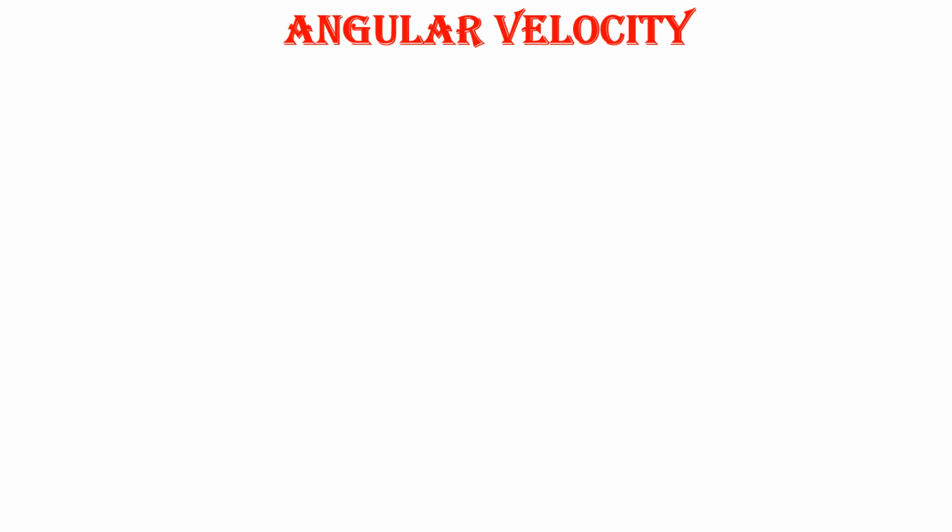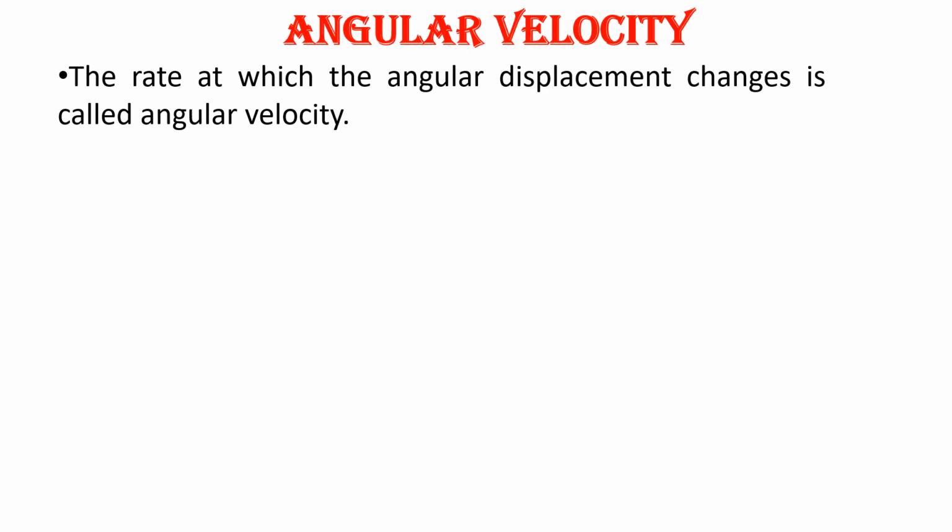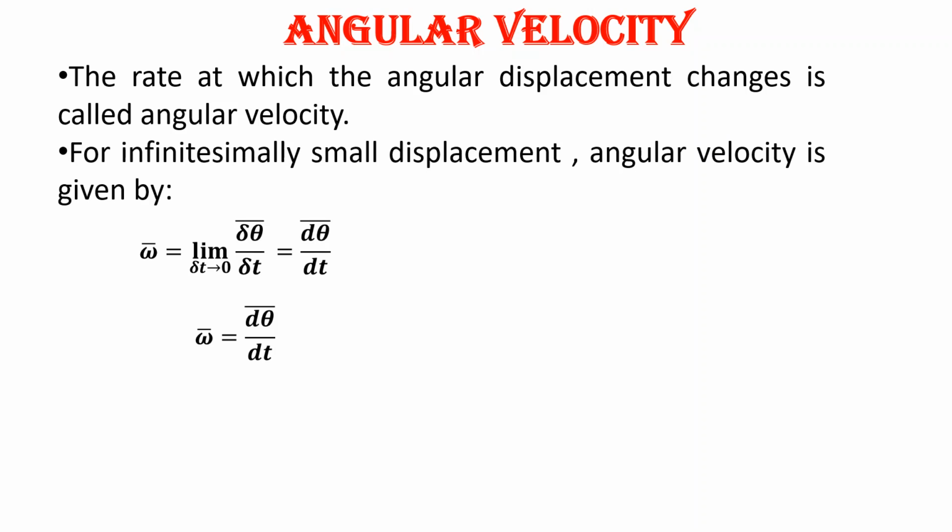Next term in circular motion is angular velocity. The rate at which angular displacement changes is called angular velocity. For infinitesimally small displacement, angular velocity is given by omega equal to limit delta t tends to 0, that is nearer to 0, vector delta theta upon delta t, that is equal to vector d theta upon dt.